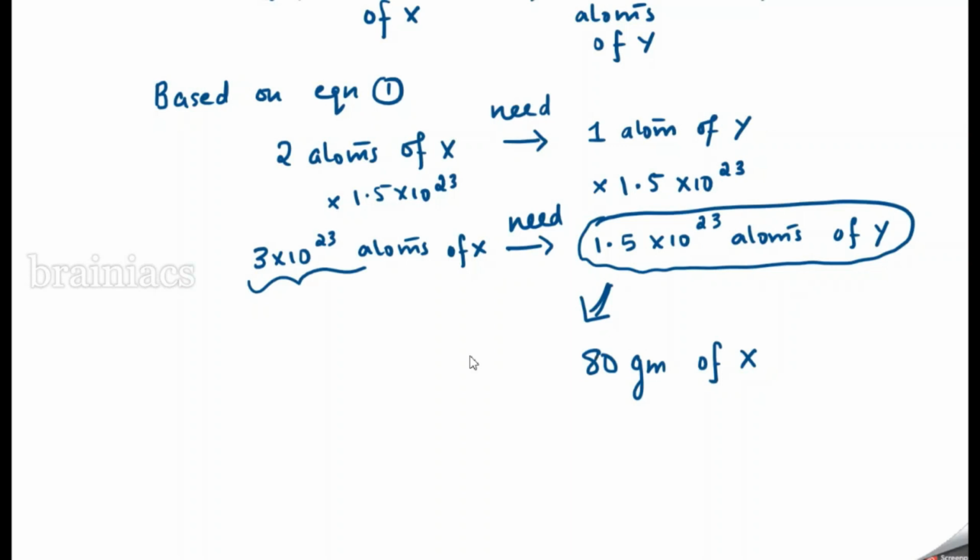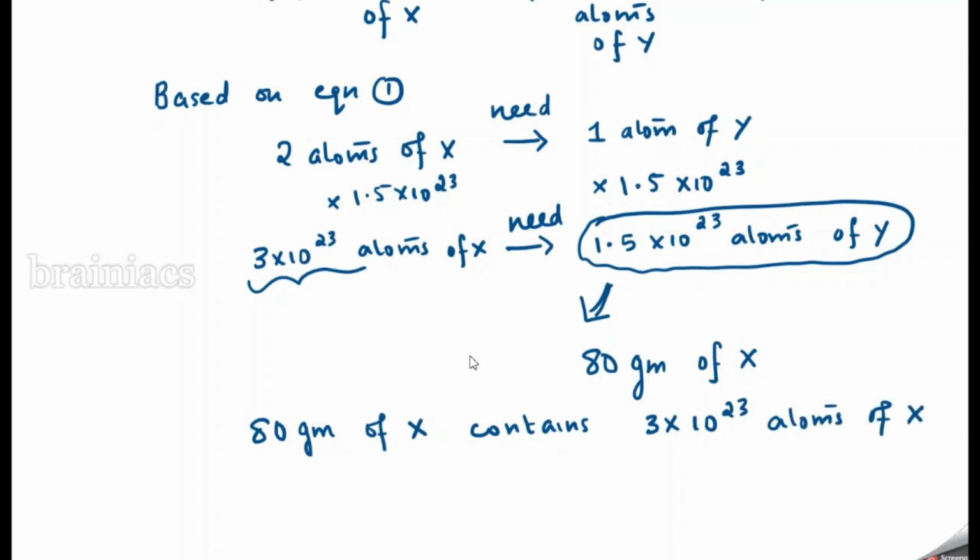This means that 80 gram of X contains 3 into 10 power 23 atoms of X, because both are the same. One is in terms of mass; other, through our calculation, we understood that 1.5 into 10 power 23 atoms of Y needed 3 into 10 power 23 atoms of X. This indirectly means that 3 into 10 power 23 atoms of X has a mass of 80 gram.